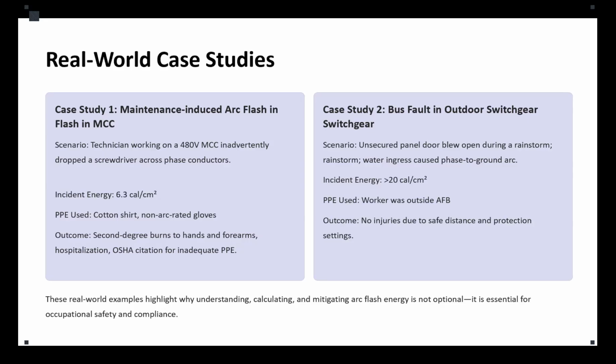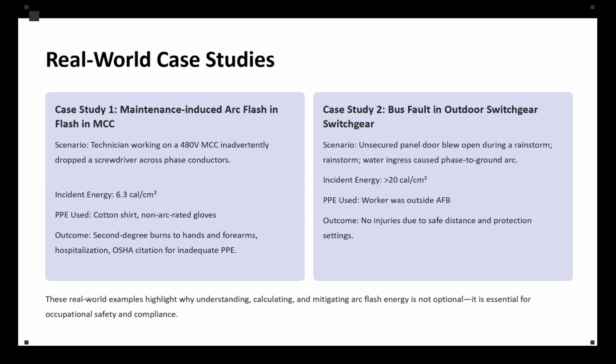The switchgear sustained extensive internal damage: vaporized copper, destroyed insulation, and deformed enclosure panel. And the arc was extinguished after the upstream differential relay tripped the breaker.